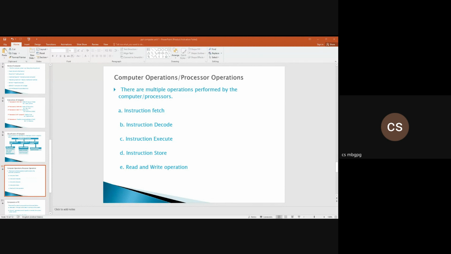Data is simply raw facts which are used for communication, interpretation, processing. Okay, that is data.